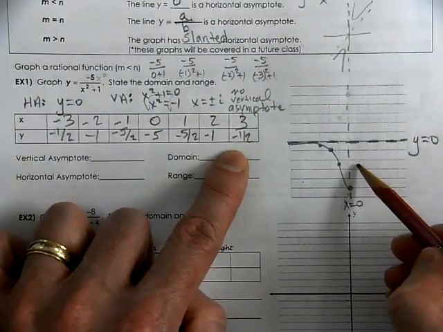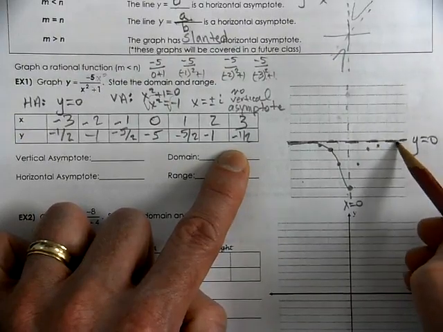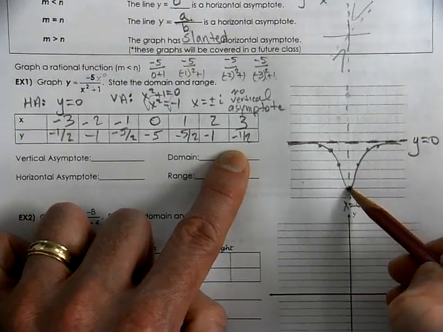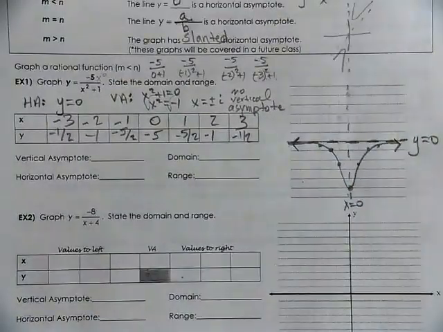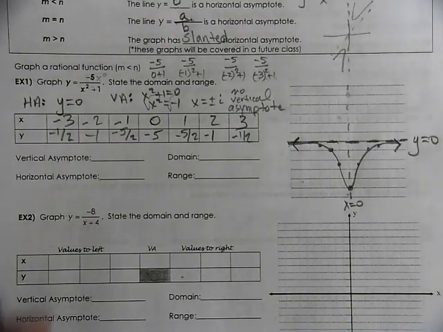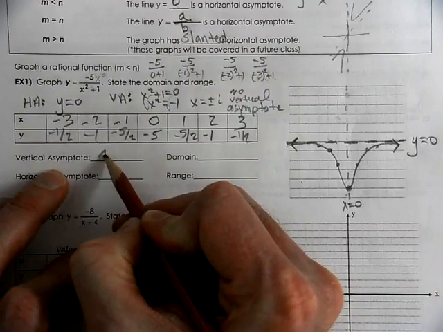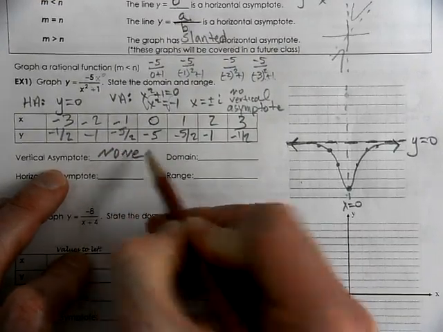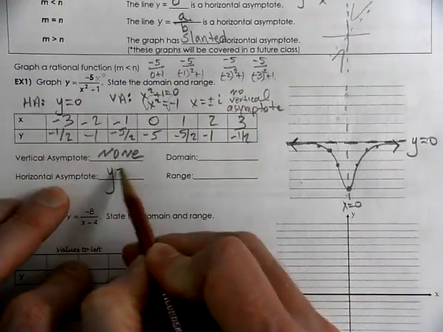So in this case, put our arrows. There's our graph. We have none. There are no vertical asymptotes. A horizontal asymptote is at 0.